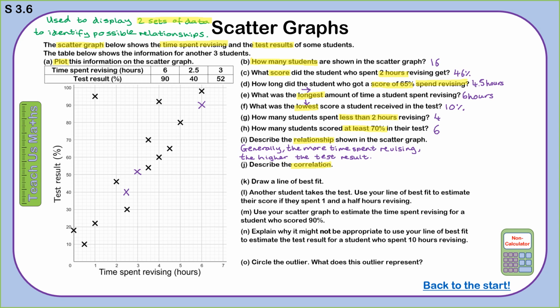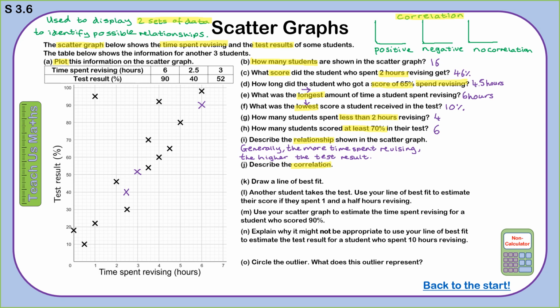For question J, we need to describe the correlation. So here, we need to say whether the data has a positive correlation, a negative correlation, or no correlation. A positive correlation means that as one variable increases, so does the other.